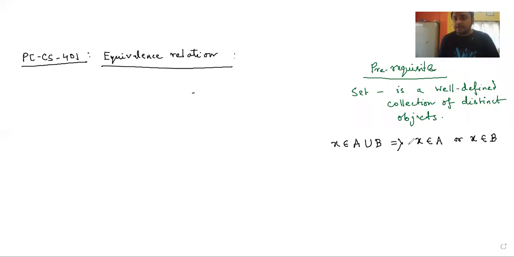There is a very important point in this particular type of operation. Since I'm using the connection called logical OR, when element x is either in set A or in set B, this type of logical operation OR is actually inclusive.